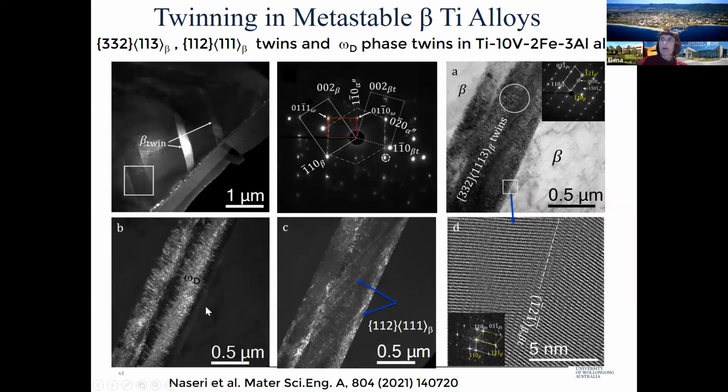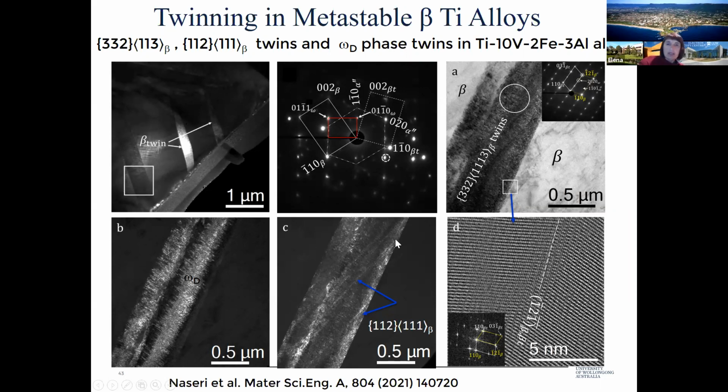This was explained by Furuhara a while ago, also using Takimoto's suggestion that relaxations of atoms along <111> beta near the interface of the twin and beta matrix, but within the twin area, may induce or be a preferential nucleation site for formation of deformation-induced omega.